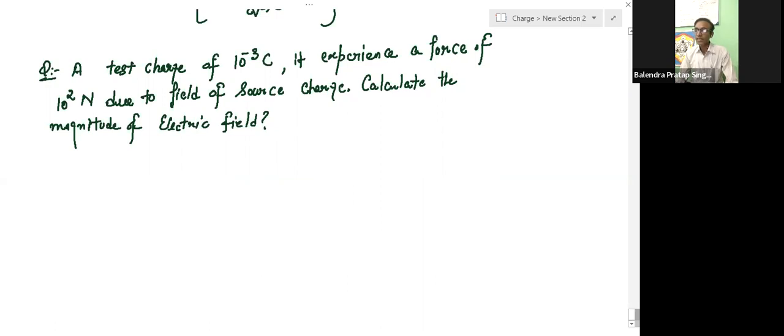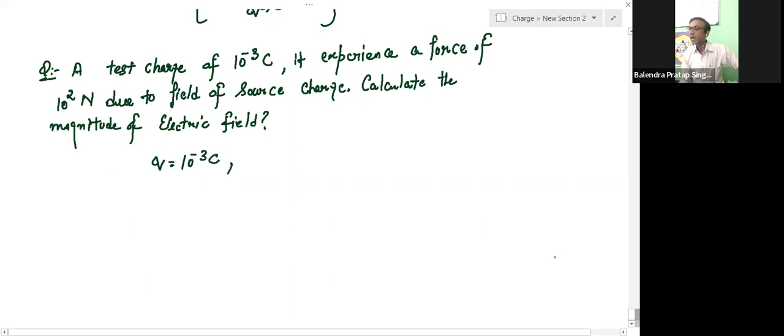Is it clear? What is given in this question? Abdul Rahman, what is given in this question? The charge is given. Which charge? Source charge or test charge? Test charge. So the test charge is given, which is Q equal to 10 raised to the power minus 3 Coulomb.